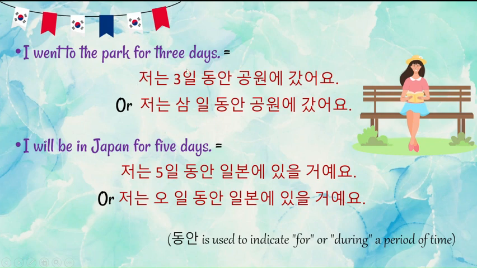One is to use the numeral 3 and the other is to write the Sino-Korean number in words, that is sam. See, they are pronounced in the same way. The numeral form is pronounced sam il, and the word written in the sentence is also pronounced sam il, but the written form is different.